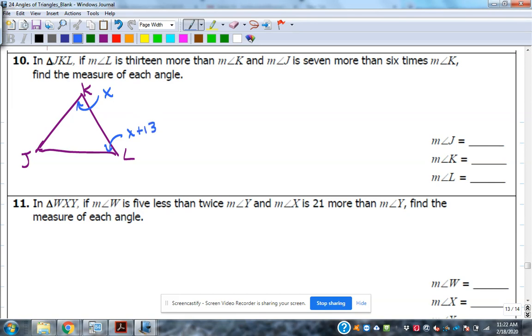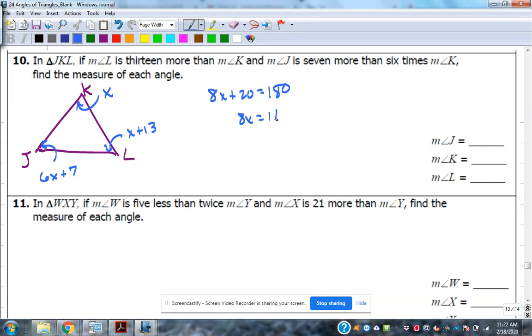And then angle J, 7 more, 6x plus 7. And then you can work it the same old way there. So x plus x is 2x plus 6x is 8x plus 13 and 7 is 20. 8x plus 20 is 180.